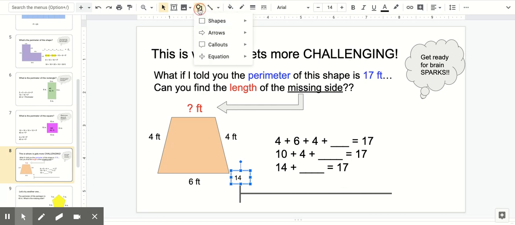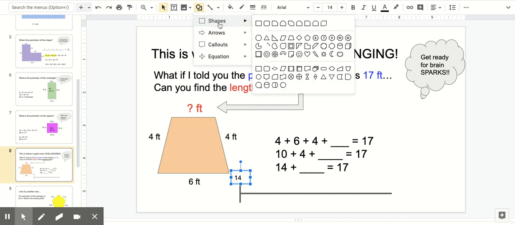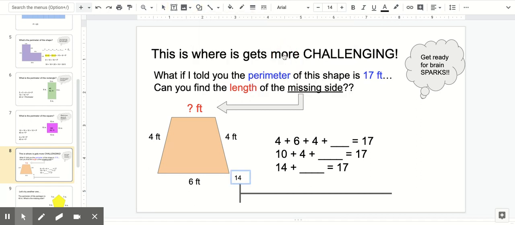Let's see if I have any shapes that will help out with that. Maybe this one. All right, I'll do it. Here we go. So there's 1. So that's going to get me to 15. I'm going to jump again.